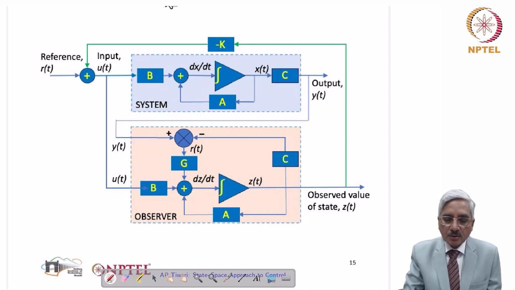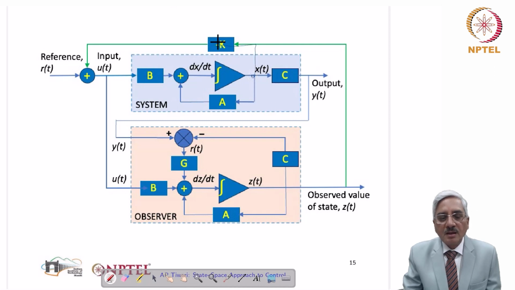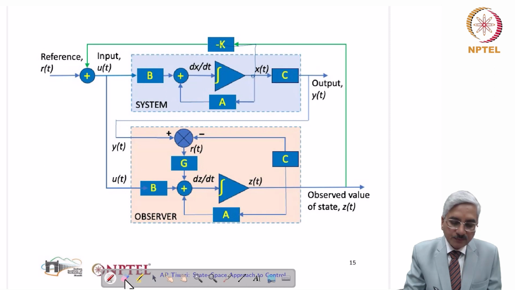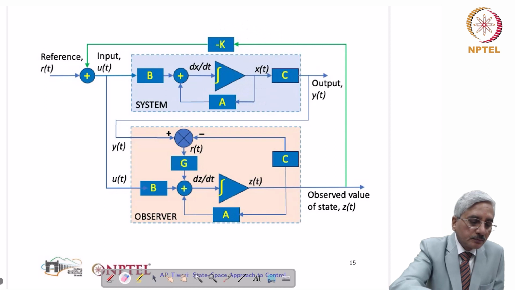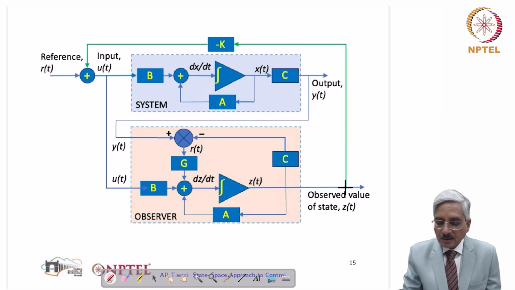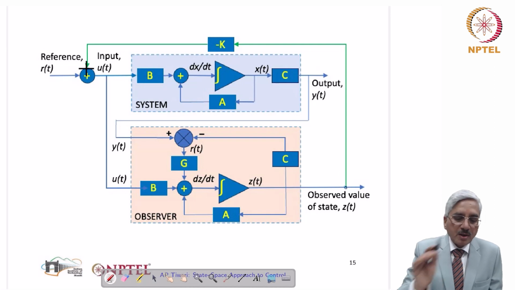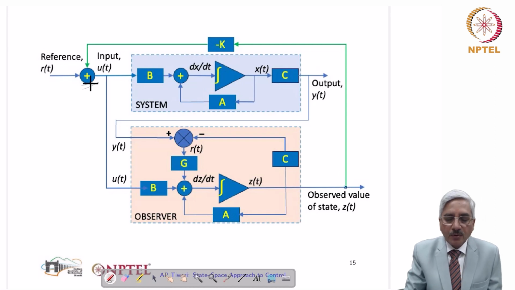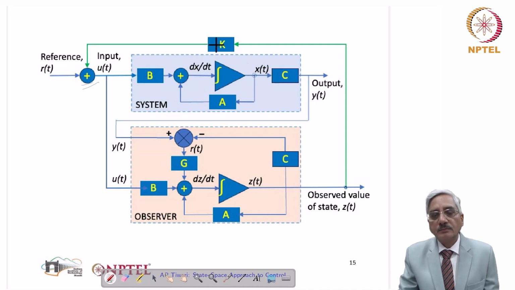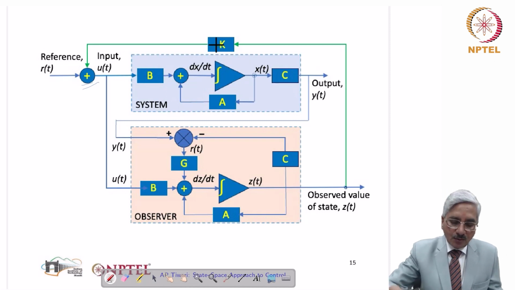So you saw that we ought to pick up this one through this K. However, what we are doing, we have actually picked up this observer state z and we have brought it at the terminals where this was supposed to have gone through the gain K. So we are going to do this, and what will happen, that we have to see.